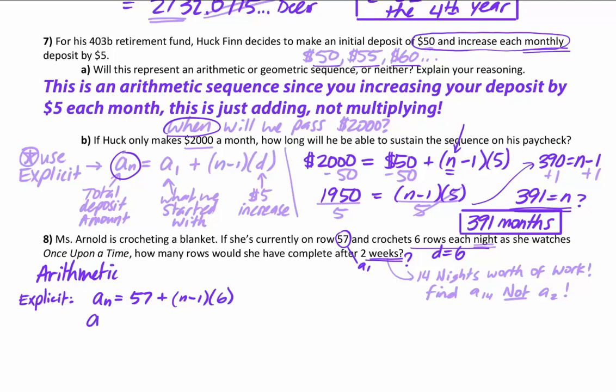So going ahead and putting in a sub 14, we have 57 plus 14 minus 1, that makes 13 times 6. We take 13 times 6 in our calculator, I believe we get 78. So 78 plus 57 ultimately leads us to 135 rows.